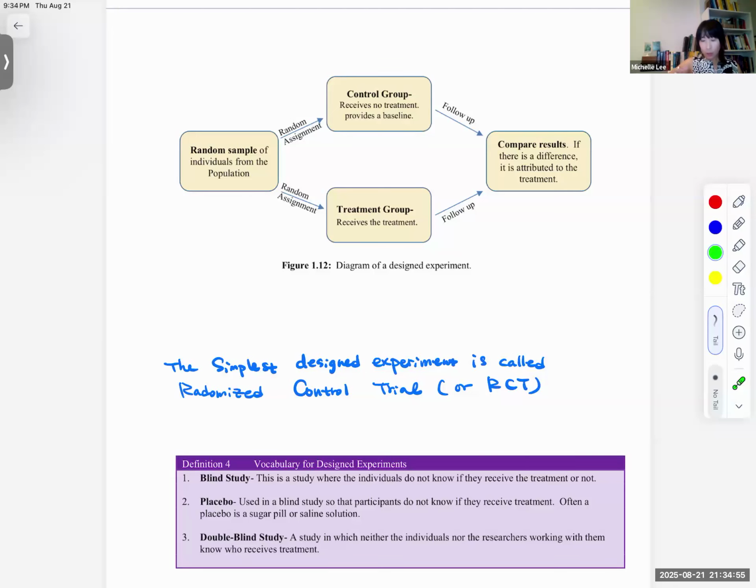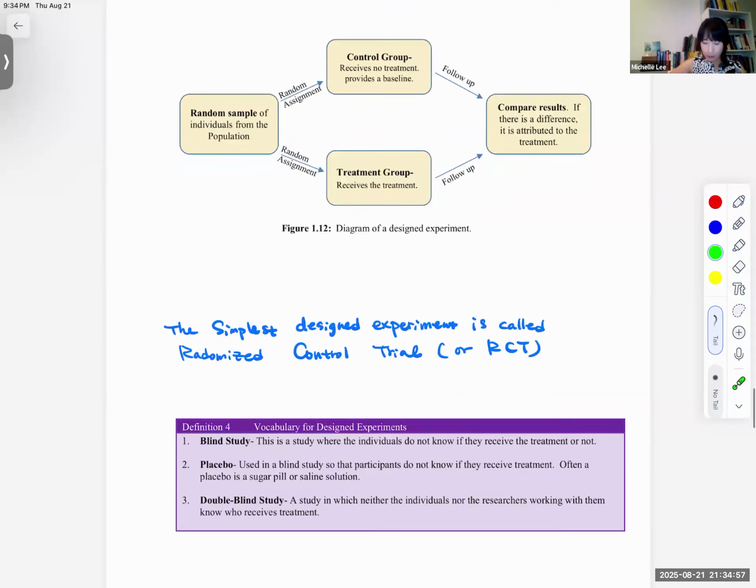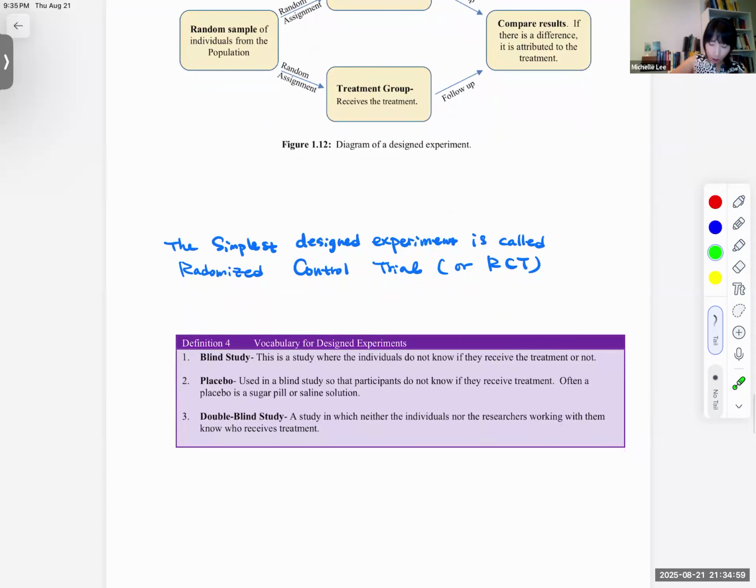Okay, now we have another terminology here. Let's take a look. We have a blind study, not a blind date, a blind study. This is a study where the individuals do not know if they receive treatment or not.